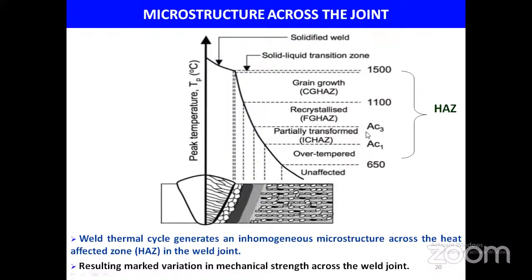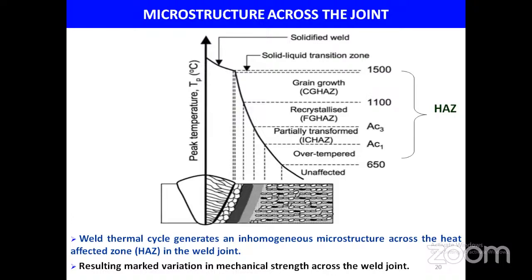Between 900 and 820 degrees centigrade, AC3 to AC1 temperature, the MX precipitate is present and chromium carbide precipitate partially dissolves. In addition, the martensite structure that exists at room temperature in the base metal partially transforms to austenite. Certain regions transform, certain regions don't.